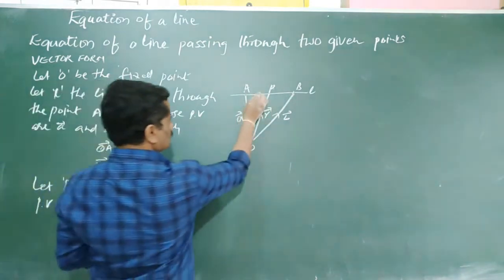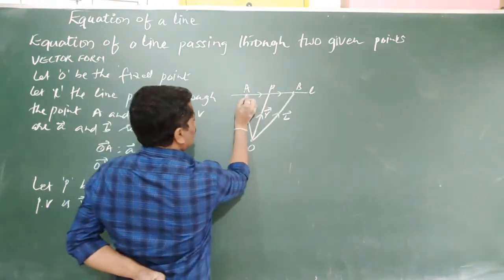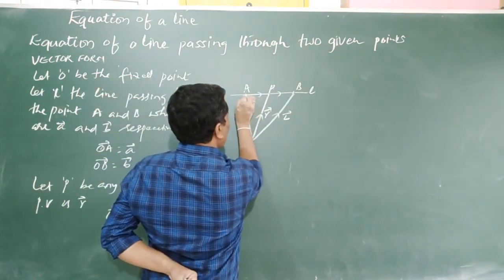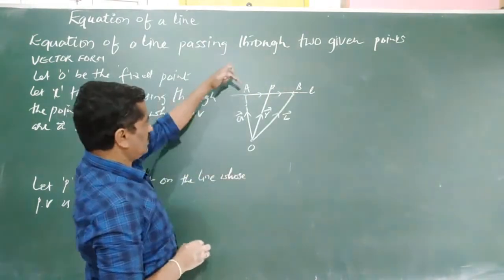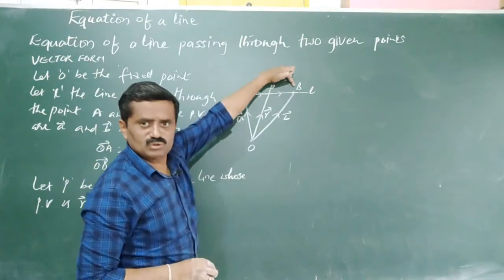Now see here, from the figure, AP bar is parallel to AB bar.